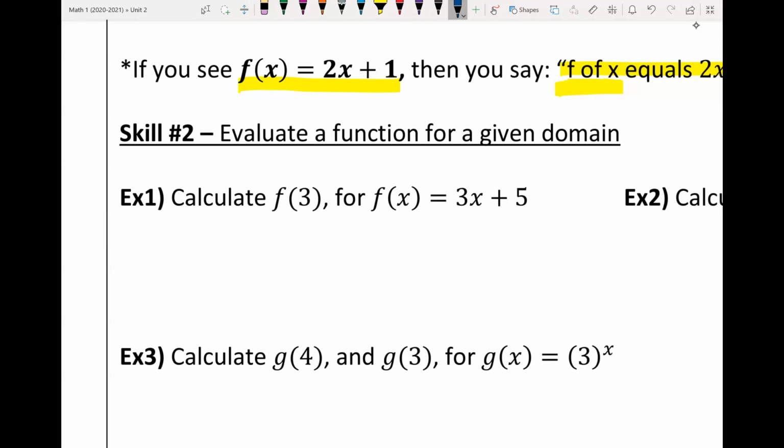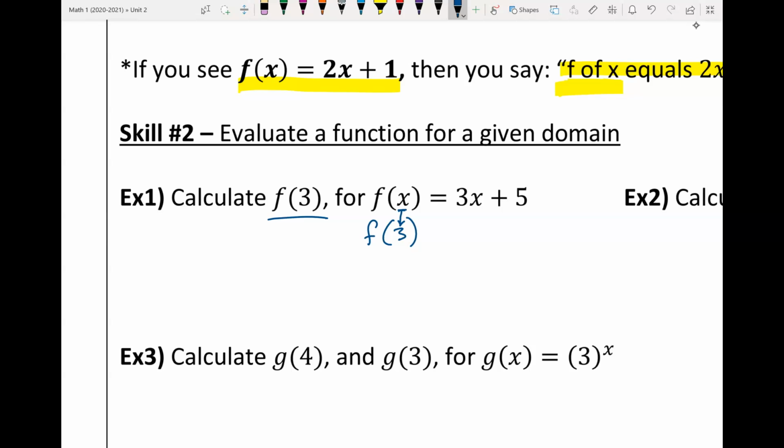Okay, so what does finding f of 3 mean? Let's write that underneath, f of 3. Now let's think about what we are given. We're given f of x equals 3x plus 5. Well, what changed in my f of 3? The x did. Instead of x, I'm replacing it with 3.